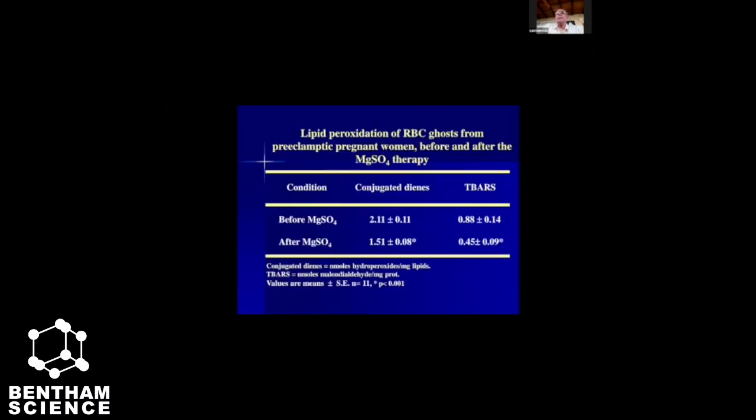In this table, we can see that the magnesium sulfate therapy reduces significantly the level of TBARS, and in those ghosts, the levels of TBARS and conjugated dienes are similar to the ones seen from the normotensive pregnant women.